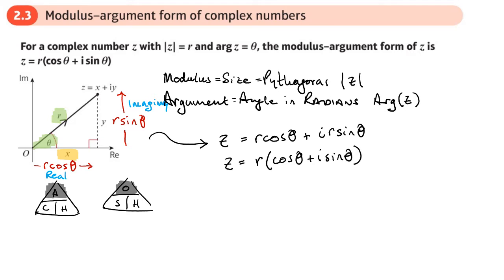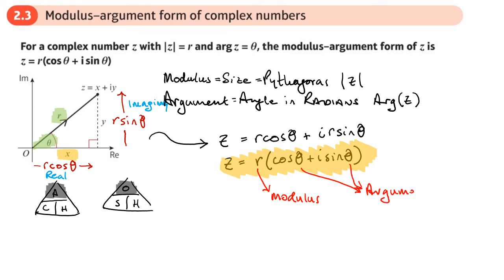It's another way of writing a complex number using its modulus r, which we know how to work out, and its argument theta. There are reasons why we might want to write it in this form, because there are other types of calculations we can do when the complex number is written in that form, and this form makes it easier.